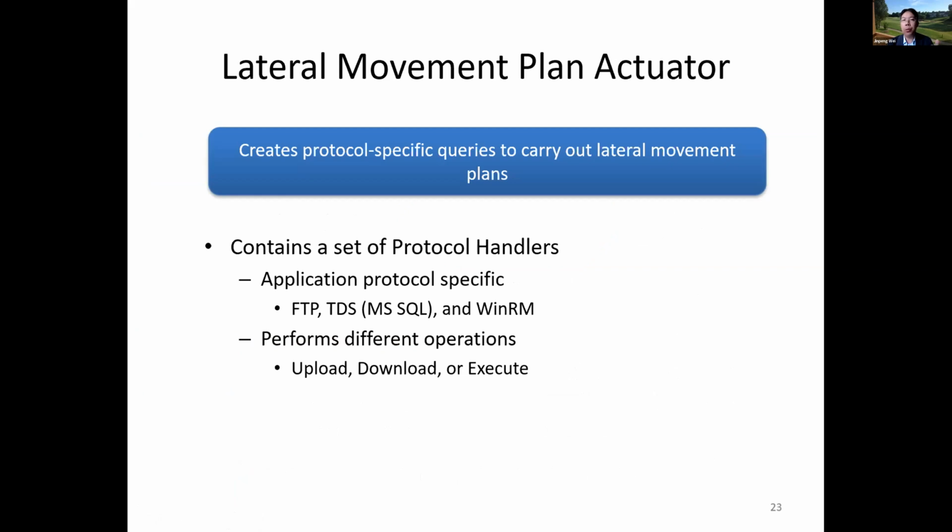For example, how to utilize the FTP protocol to copy malware, and how that packet should look. These actuators create packets that follow the protocol, with the right parameters inside, to finish some actions. Copying files is one action. Another kind of action is how to remotely execute a file on the remote server. So this is about the actuators.